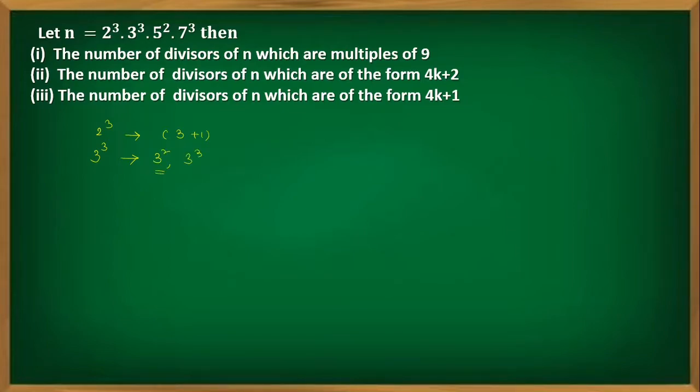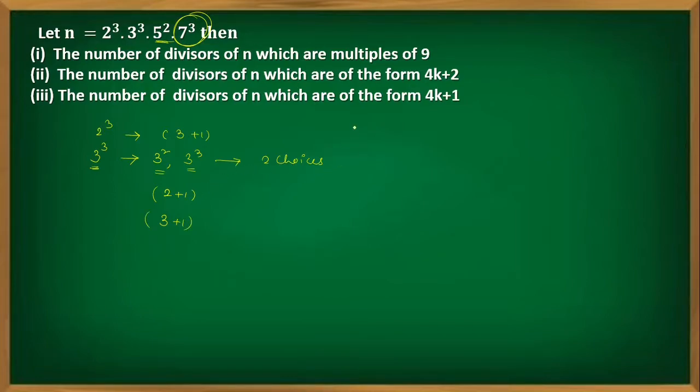So there are only 2 choices for prime 3. And for the rest of the prime numbers, for example 5 square, we will have 3 choices, that is 2 plus 1. And for 7 cube we will have 3 plus 1 choices, as usual when finding the number of divisors, right?